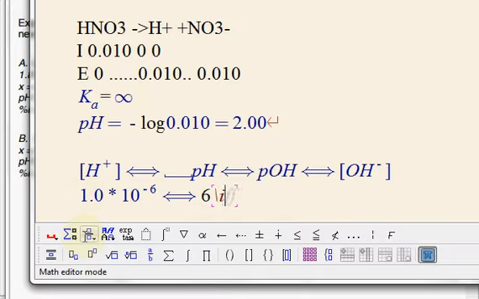And pOH is 8 because you use 14 minus 6, and the OH- would be 1.0 times 10 to the power of negative 8.